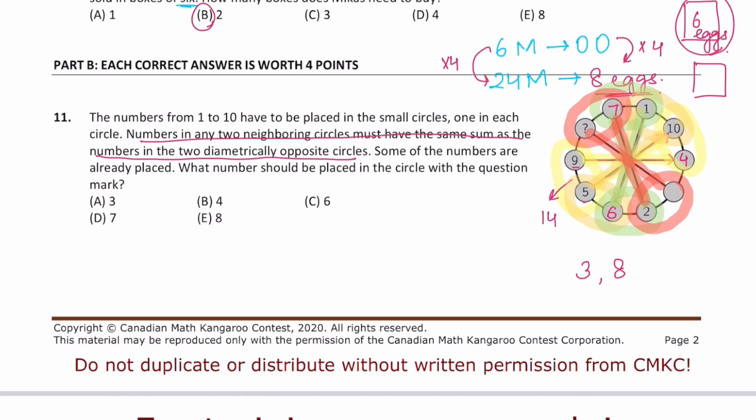I know 2 plus 8 is 10, and I know 3 plus 7 is 10. That works. My answer is A. If I were to think of 7 plus 8, that gives me 15, but 2 plus 3 doesn't give me 15, right? So that's why 3 cannot go in here. It needs to be in the question mark piece.